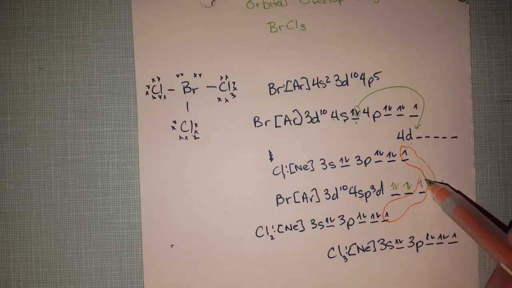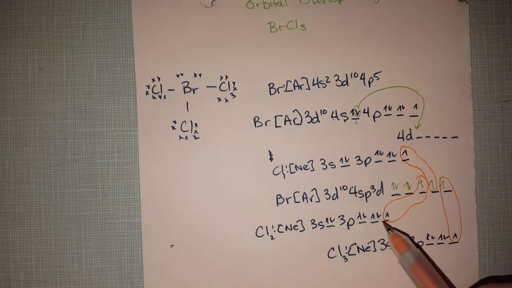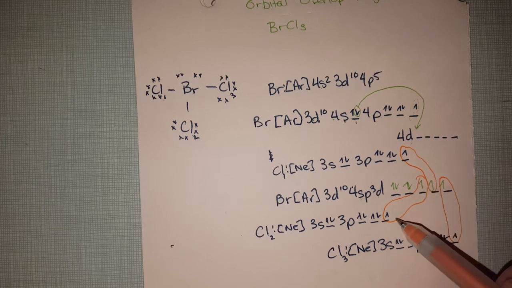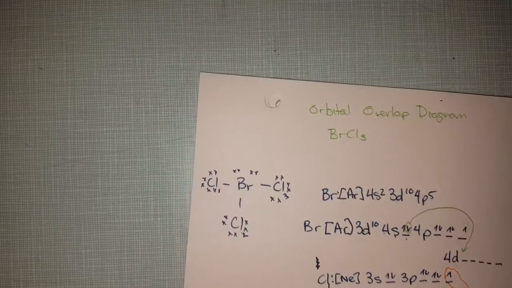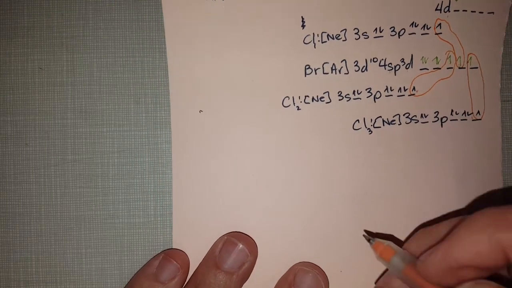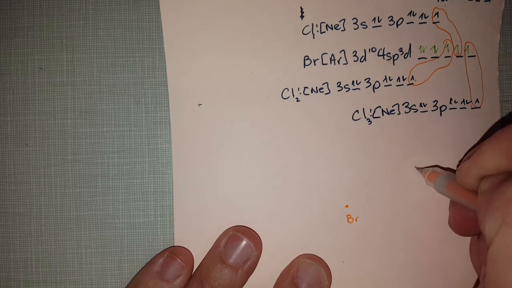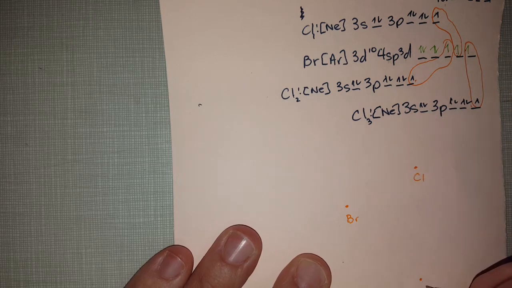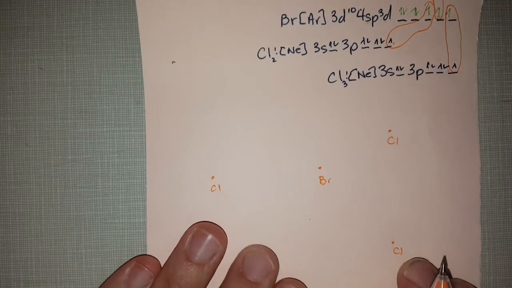The second chlorine can overlap, and the third chlorine. So it's going to be an overlap of a hybrid with a p, a hybrid with a p, and a hybrid with a p. That helps me to know the shape of my new orbitals. So I'll just write down my nuclei for the 4 atoms involved in this molecule.